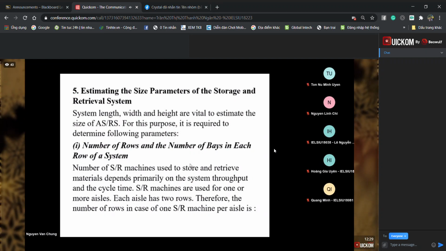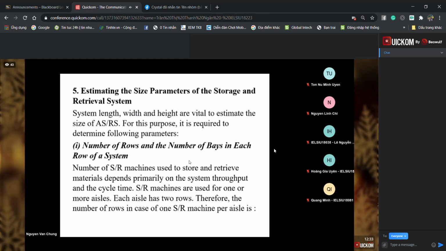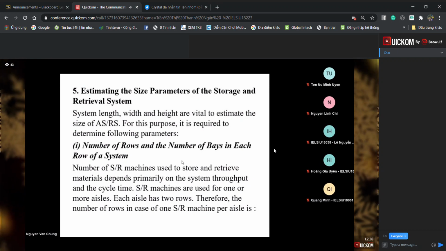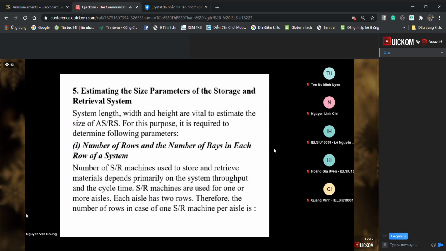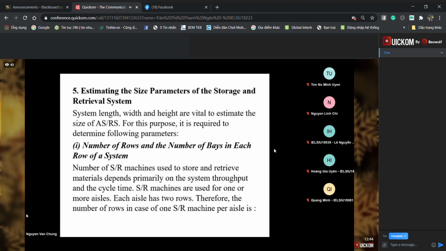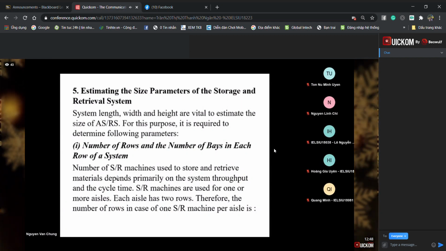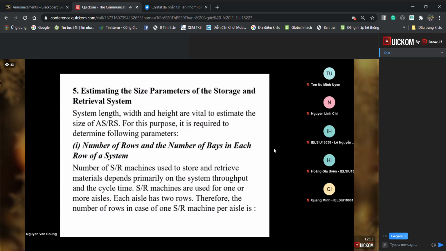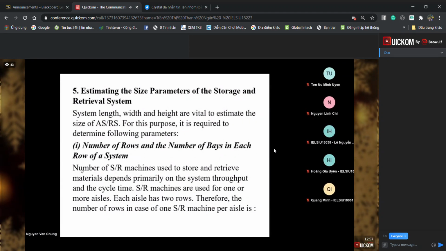The first, because there is a lot of material and if you cannot remember, I return to the slide, no problem, is the number of rows and the number of bays.